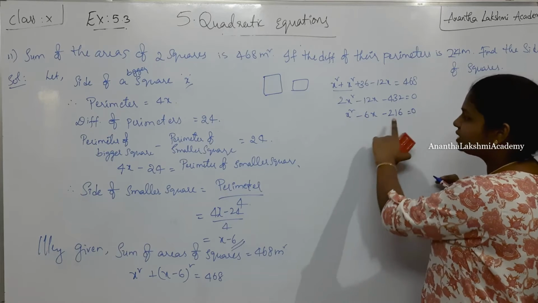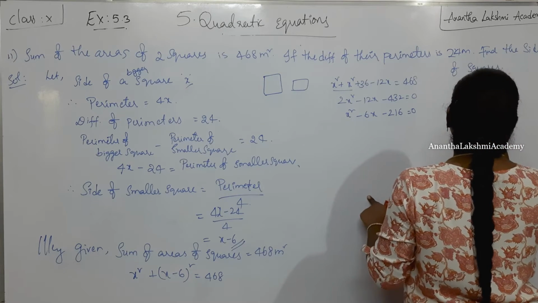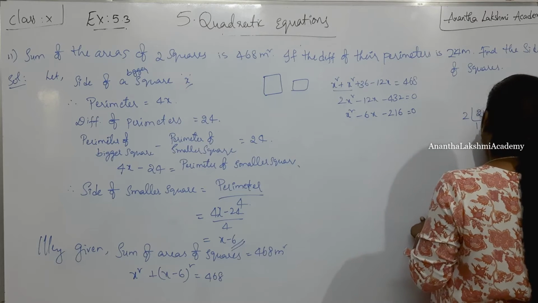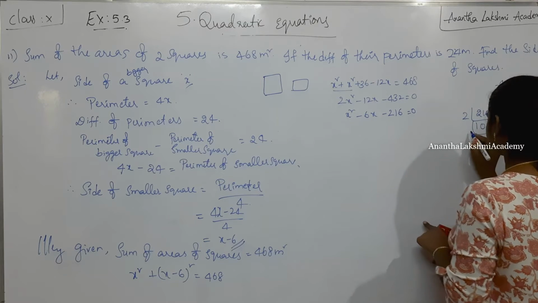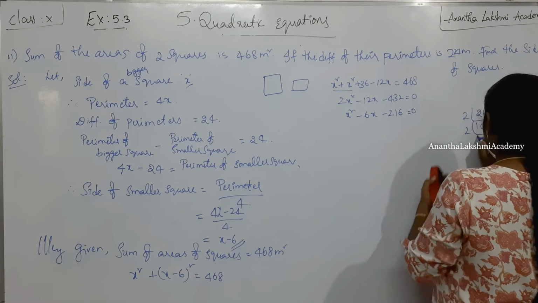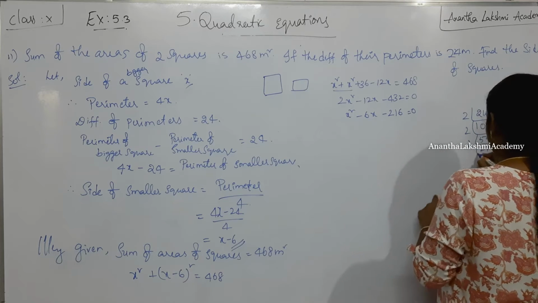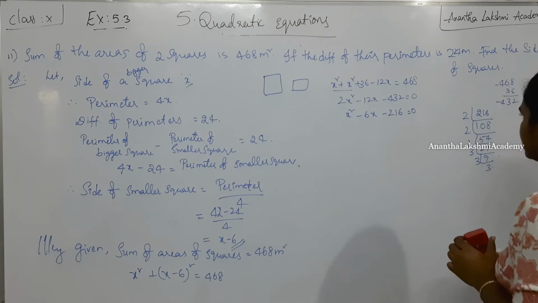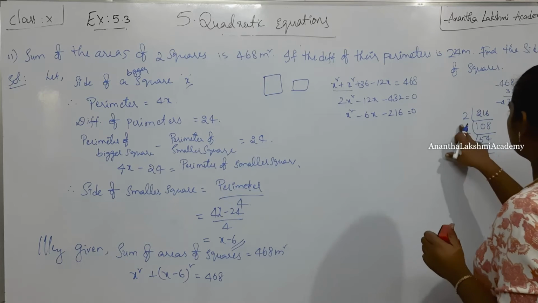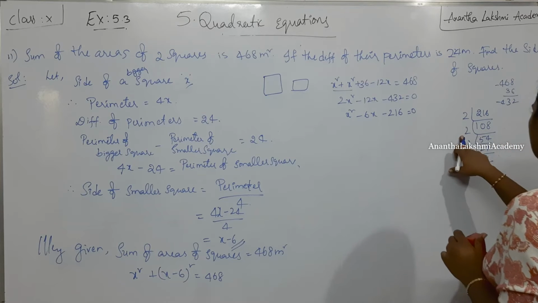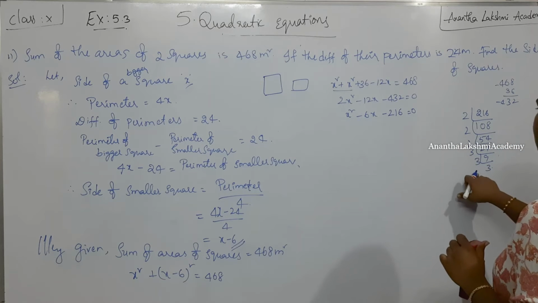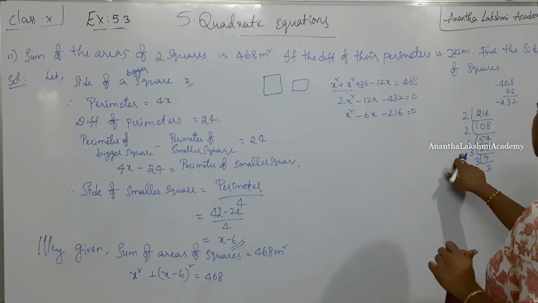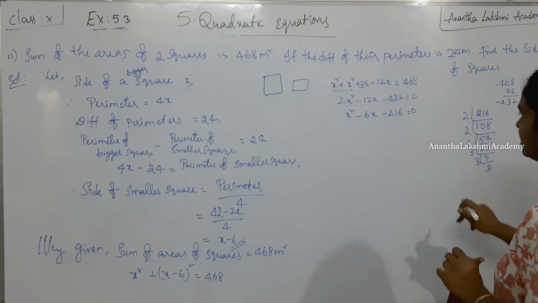The product of the roots is 216. 216 factors: 2 1s are 2, 2 2s are 4, 2 3s are 6... 6 2s are 12 and 9 2s are 18.